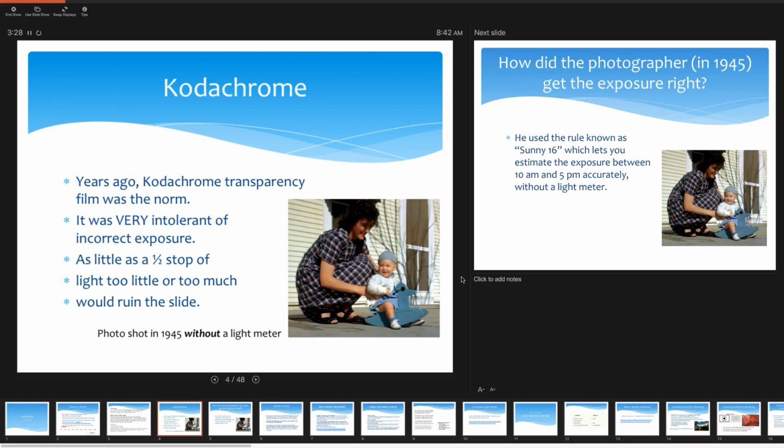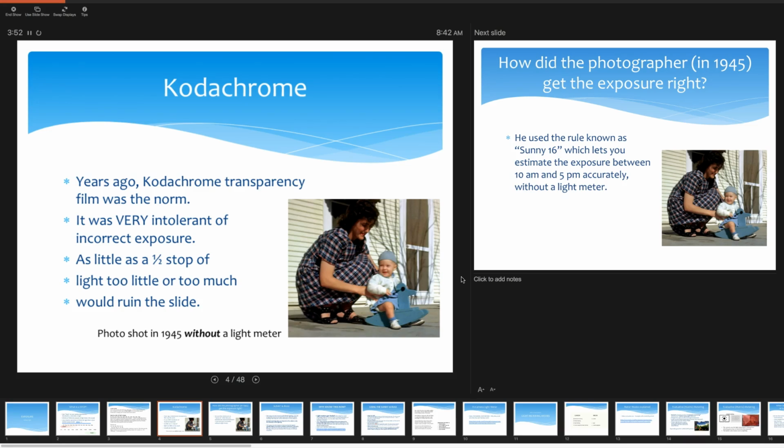Everybody shot slides, and then would make those into prints sometimes. So the Kodachrome transparency film was really, really intolerant to light, and the cameras were just manual. You didn't have all these settings on here. It was turn it on, figure out your two settings, your shutter and your f-stop, know what kind of film you had in it, and take good pictures. Kind of scary. No built-in light meter, nothing like that.